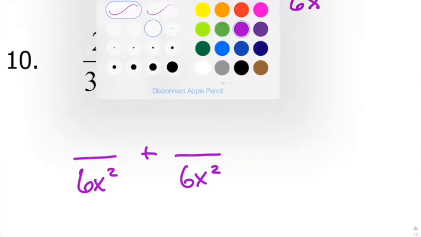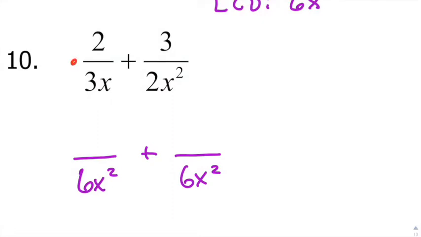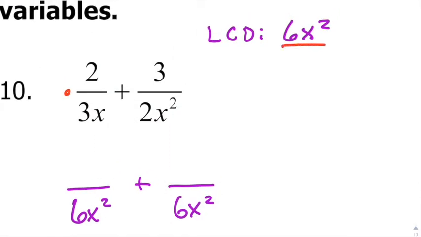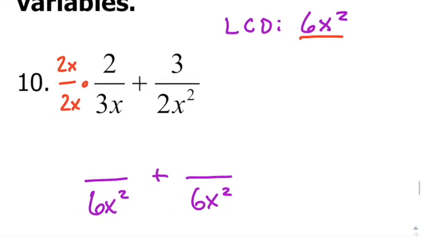That kind of sounded weird, but really what you've got to do here, take this first fraction, to make it look like 6x squared, I'm going to multiply top and bottom by 2x. 2x and 2x, just like that. 2x on the top, that's going to be 4x, and then 2x times the bottom should get us 6x squared.